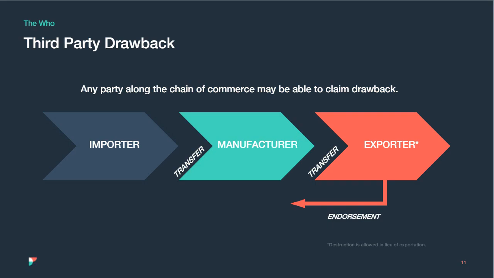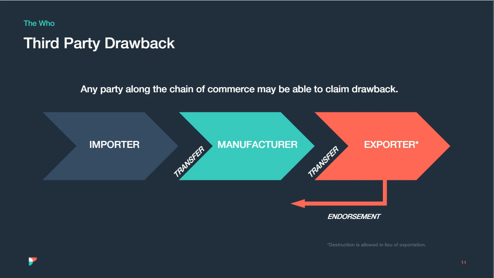When we look at third-party drawback, essentially there needs to be a commercial link between the import and the export. There is allowed substitution, as we mentioned in some of the earlier slides, but when third parties are involved, it gets a little more complicated. It is certainly doable if enough of an opportunity exists and there's enough of a commercial link. Most of the time, the importer is the exporter.